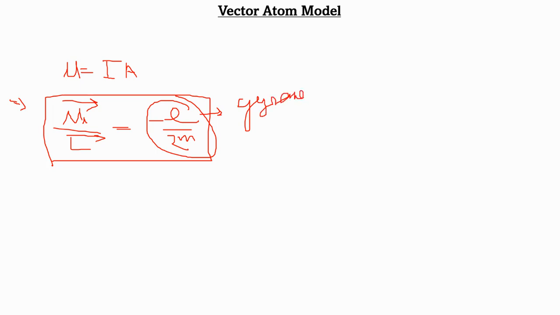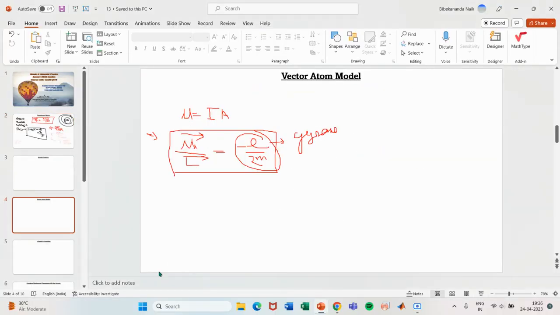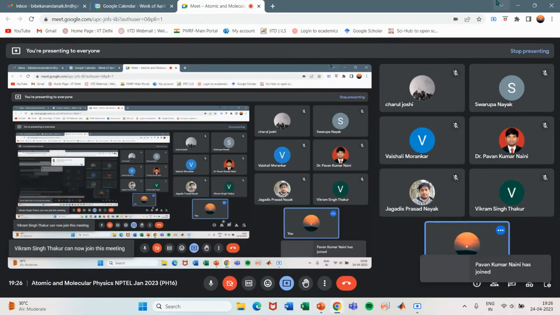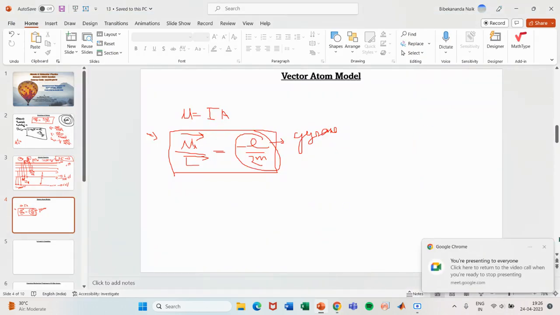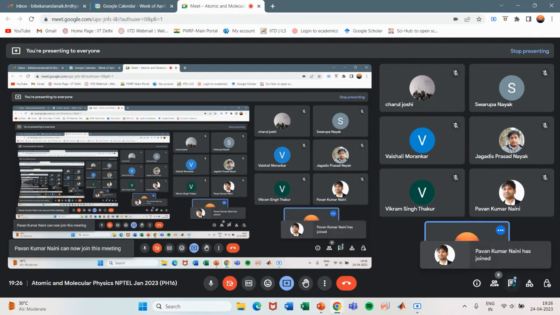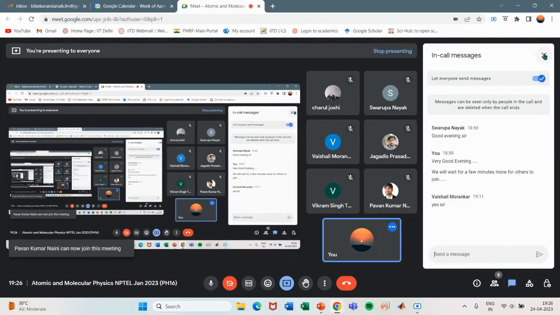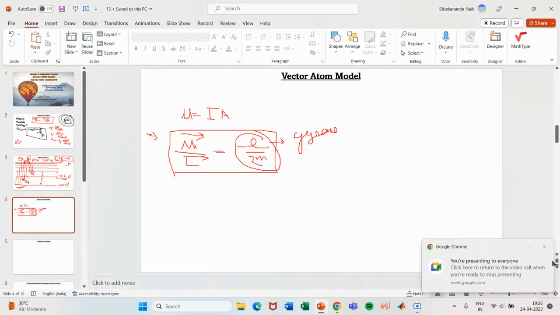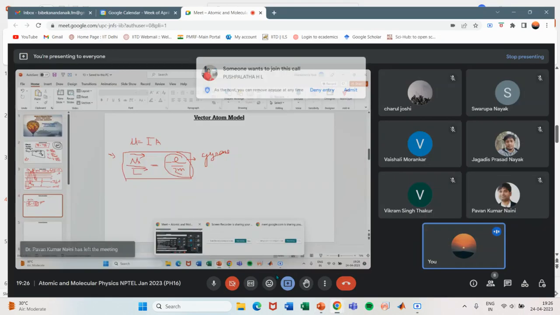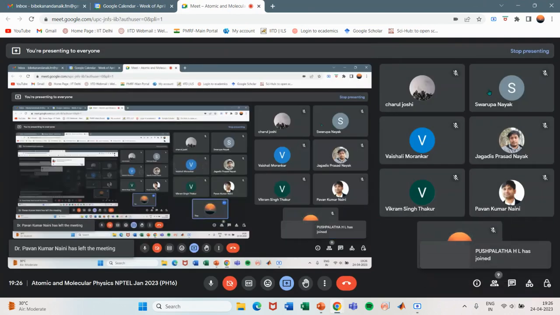This ratio is called the gyromagnetic ratio, which is the ratio of the magnetic dipole moment to the orbital angular momentum.